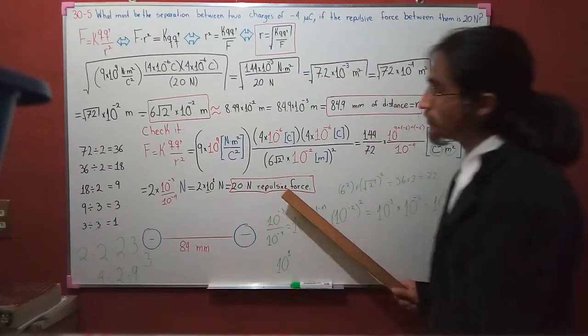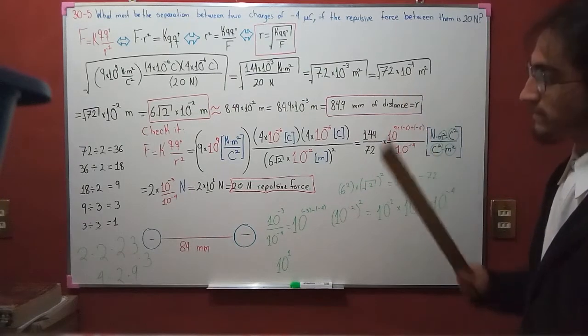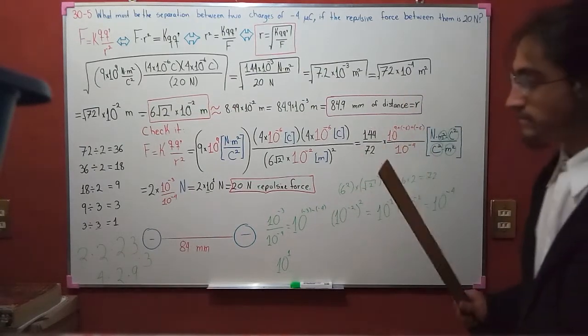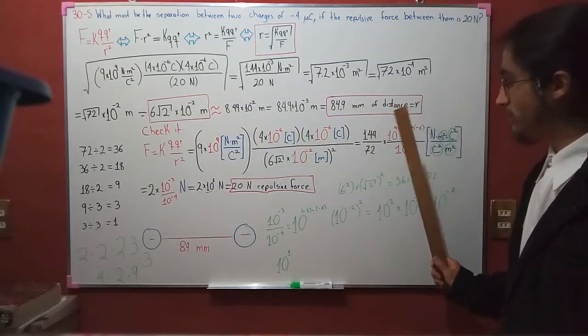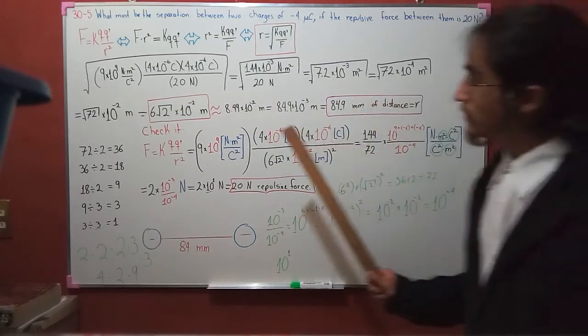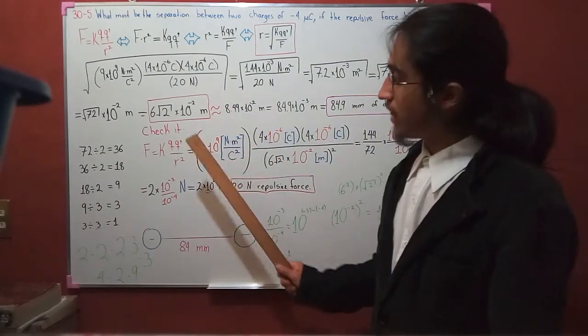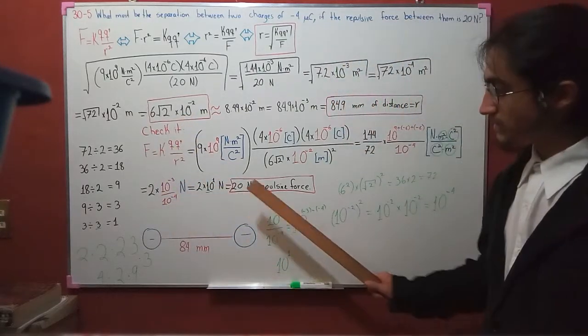This result is equal to the result of the start. So, this means that this result for the distance r is correct, because using the law of Coulomb with this distance, I obtained the same force that the problem establishes.